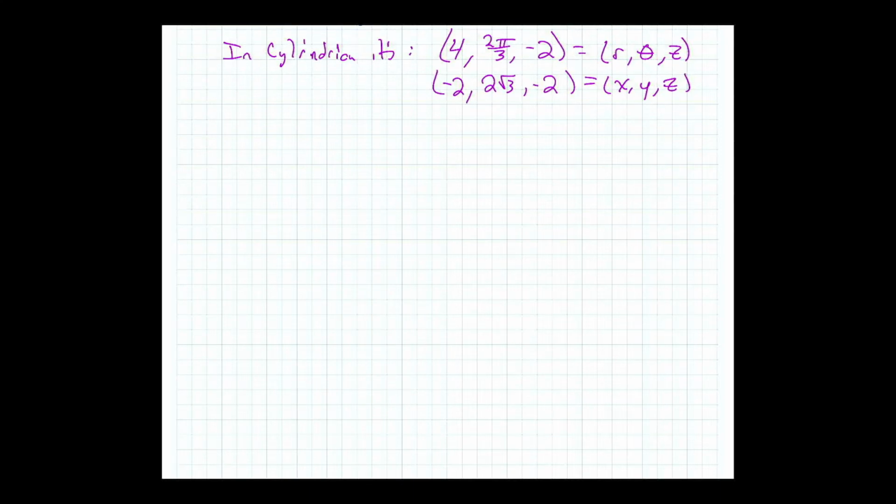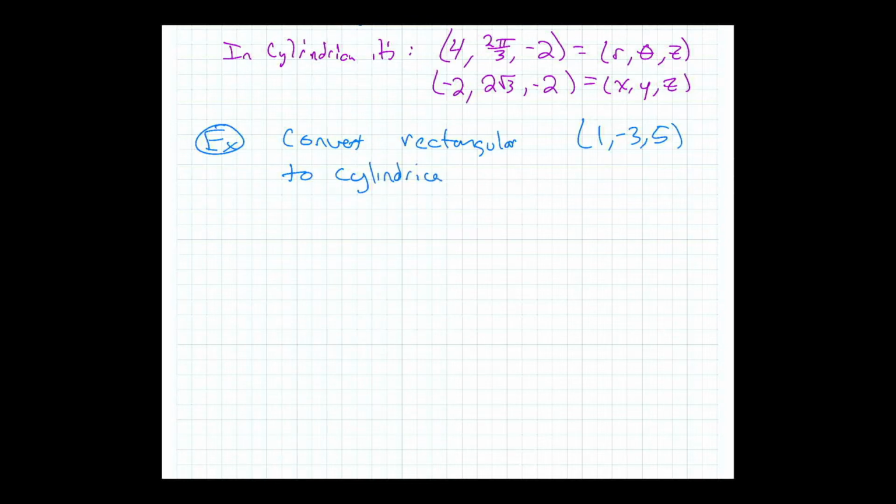So let us try the other way. We'll go from rectangular to polar or cylindrical, which is a little bit harder. Example: convert rectangular (1, -3, 5) to cylindrical coordinates.